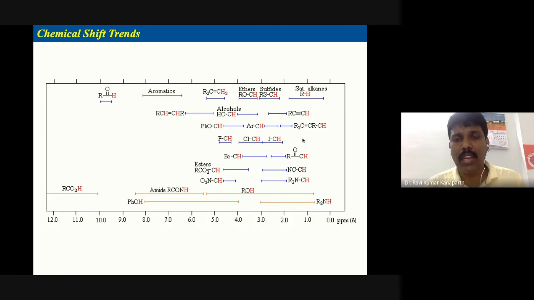And then alkenes, ethylenes, this type of ethylenes and their substituted compounds. Normally those values will be seen between 4.5 to 5.5. So the alkene protons can be seen in that region. What about alkynes? Alkyne protons can be seen anywhere between 1.8 to 3.2 or 3.3, something like that.